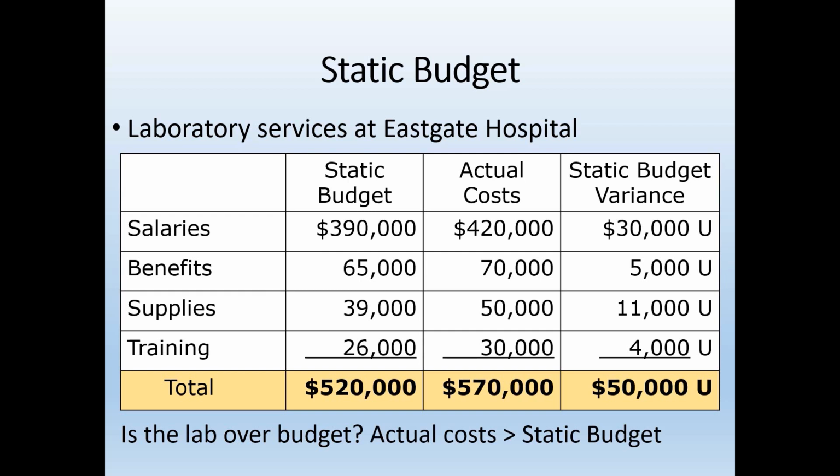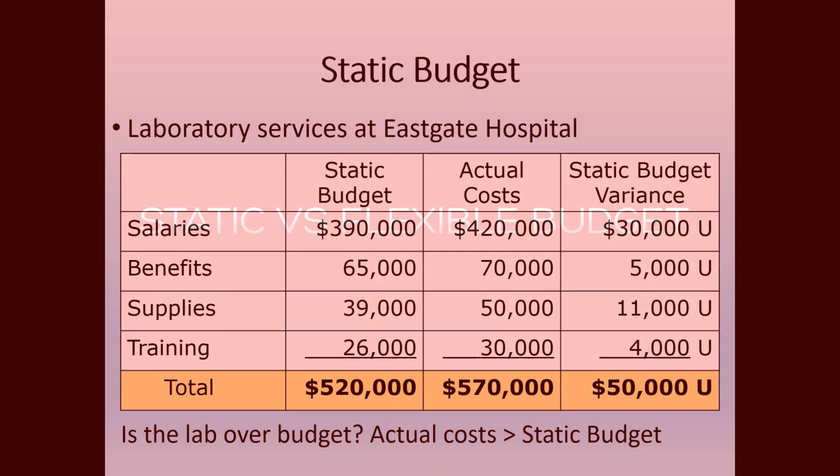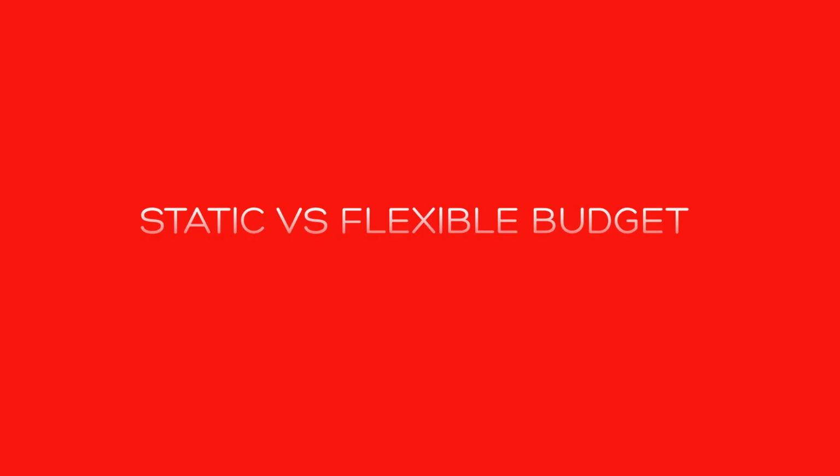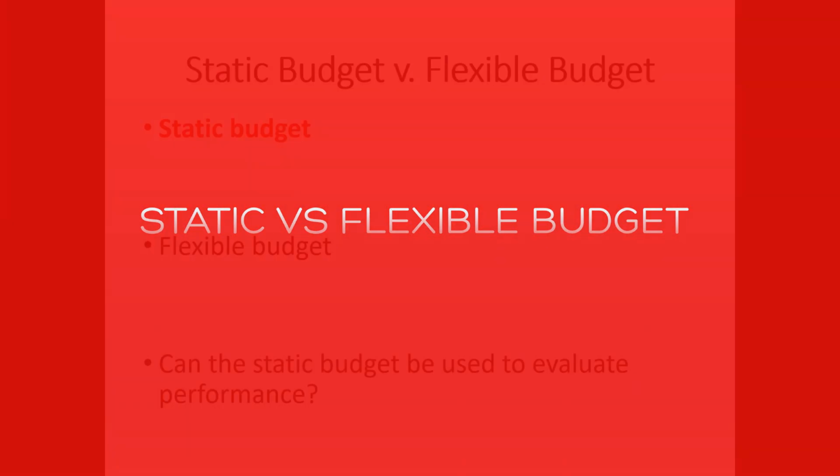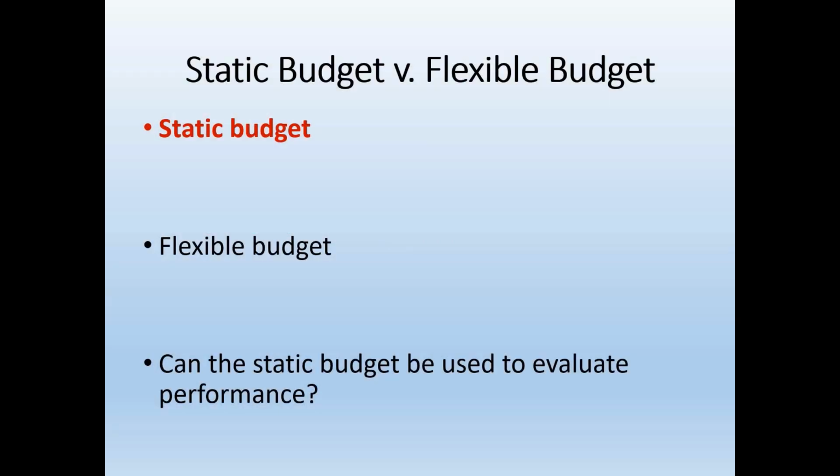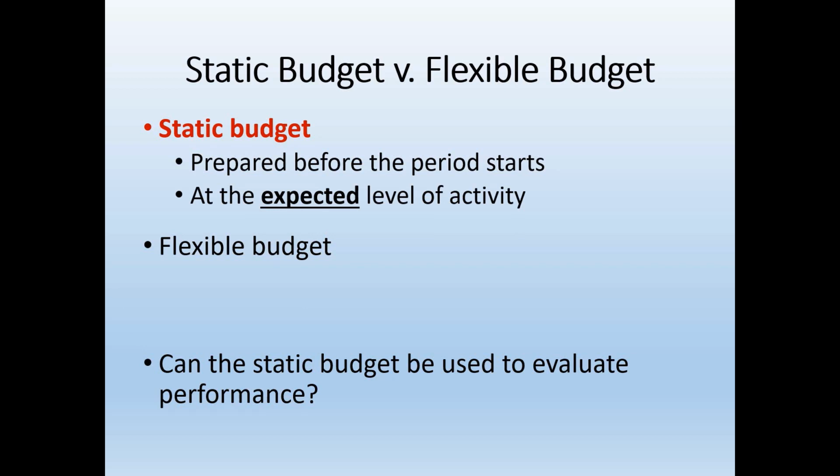Is the lab over budget? It certainly looks that way because the actual costs were greater than the amount predicted in the static budget. But is that a correct analysis? Remember that the static budget is prepared before the period starts at the expected level of activity.